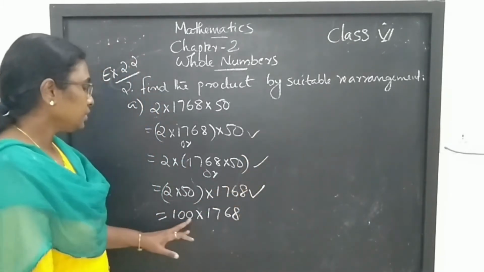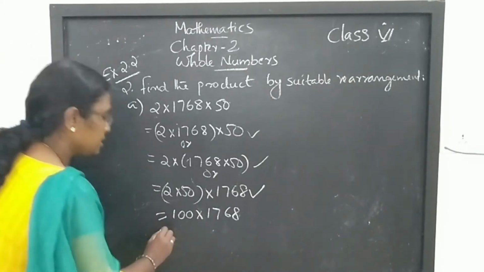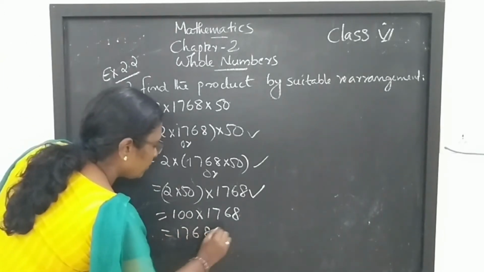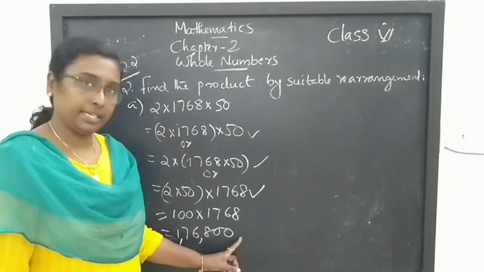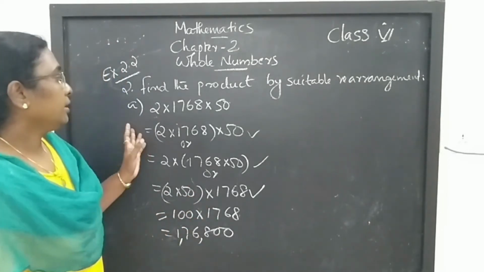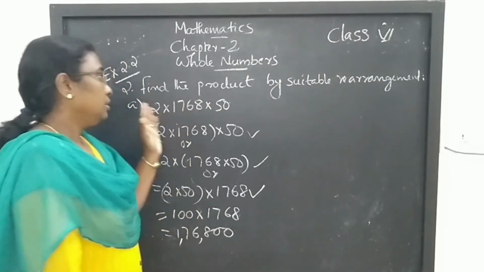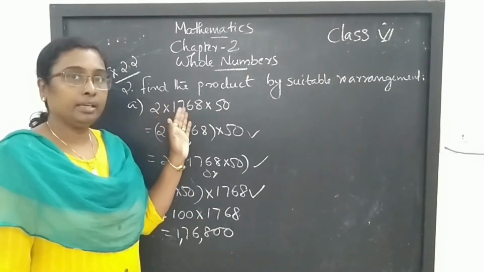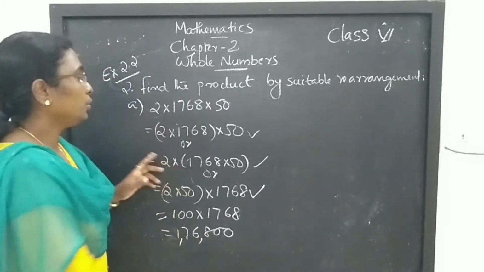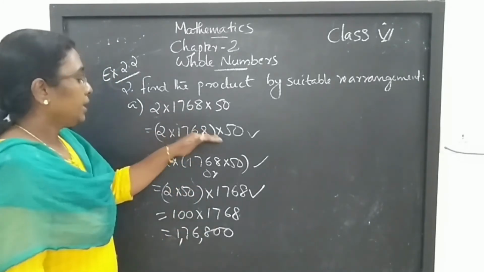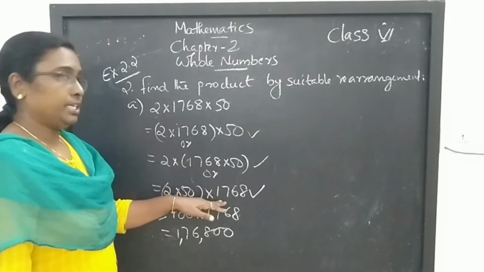Okay. 100 into 1768 equal to 1,76,800. Once again, according to associative property, we can multiply the three whole numbers in any order. So you can find this product by any one of these 3 arrangements.